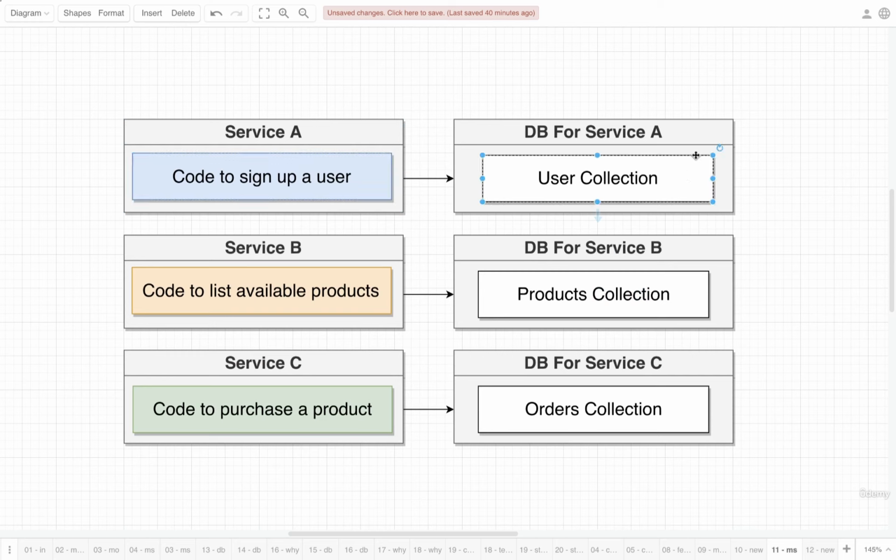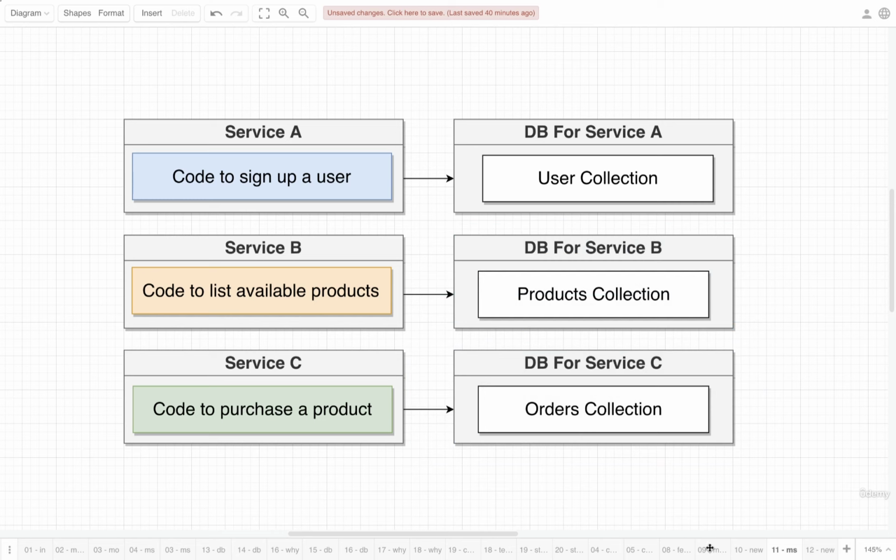And as we just discussed, it's going to have its own little database. Inside that database, we'll probably record all the users who sign up to our app. We'll have service B for products and service C down here to purchase a product, which is really to create an order and say that we want to purchase something. And so service B and C will probably have their own databases as well.